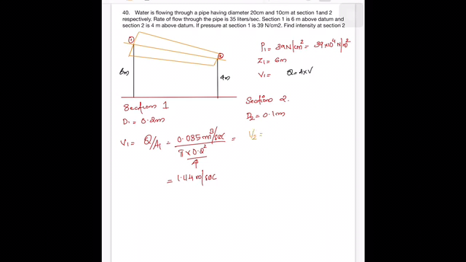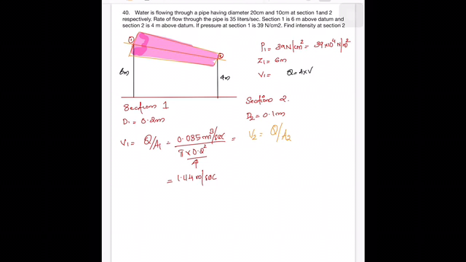Let us find out V2. V2 will be equal to Q divided by A2, because as we all know, whatever quantity of water present over here will reach this point also. So the Q will be same. The quantity of water present at section 1 will reach section 2, so the discharge will be same.